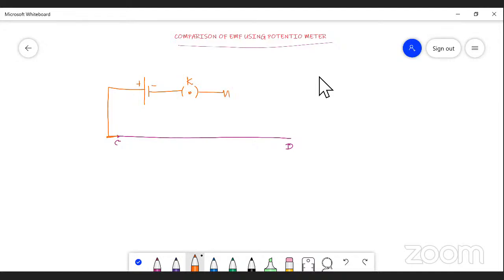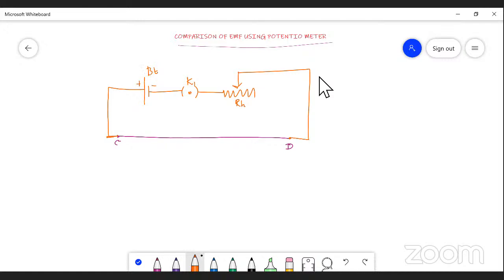And then we have a rheostat. And the other end is connected to the end D. And D is connected to the top terminal of the rheostat. We call this RH. This is K1, and this is a battery.